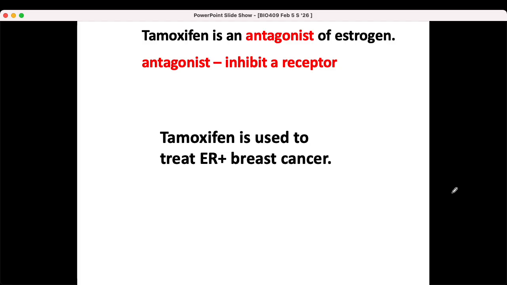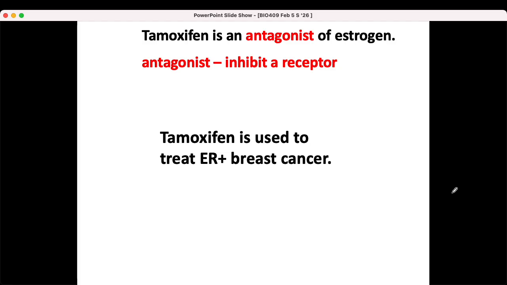In the United States, about 70% of breast cancer tumors are ER positive. That means 30% are not. And there's a good chance that if a person is diagnosed with breast cancer, the doctor will even say this is an ER positive breast cancer, or this is an ER negative breast cancer, because there's a drug called tamoxifen that's really good on ER positive breast cancers and does nothing in an ER negative breast cancer.